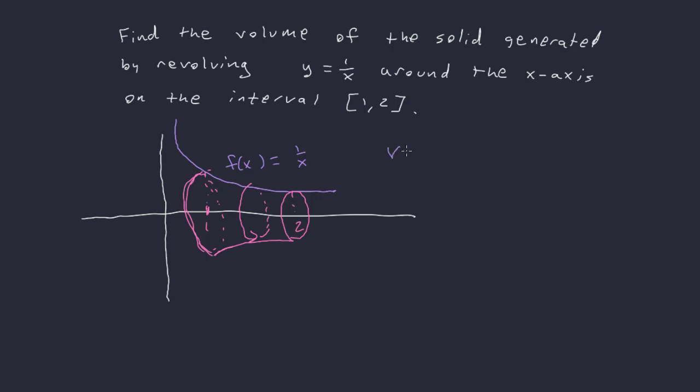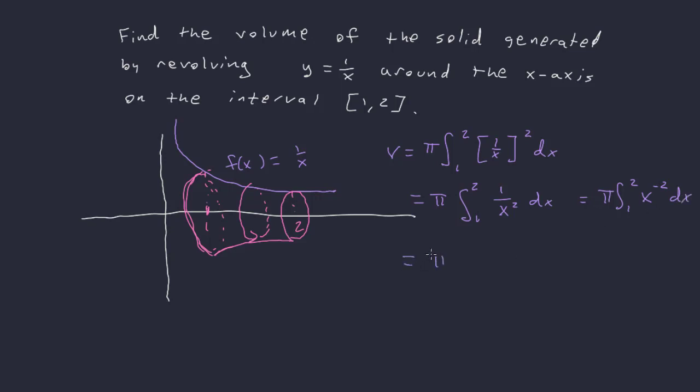Its volume is going to be pi times the integral from 1 to 2 of our function squared. So it'll be 1 over x all squared dx. So this will be pi times the integral from 1 to 2 of 1 over x squared dx, also known as the integral from 1 to 2 of x to the negative 2 dx.